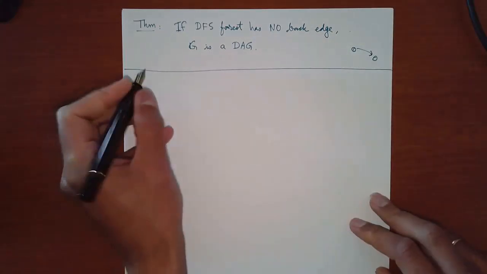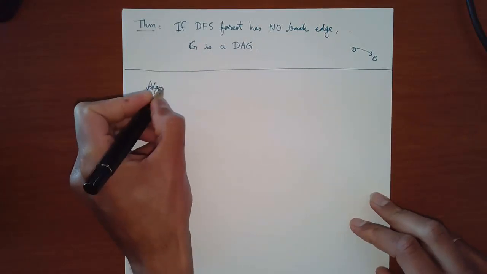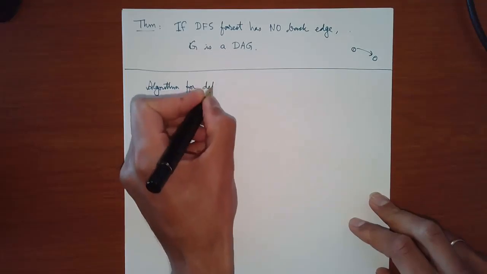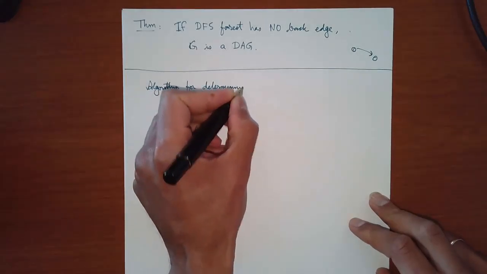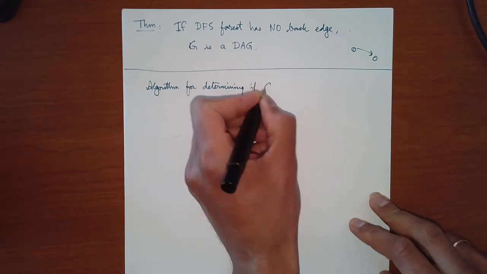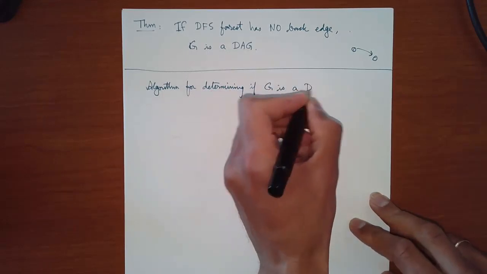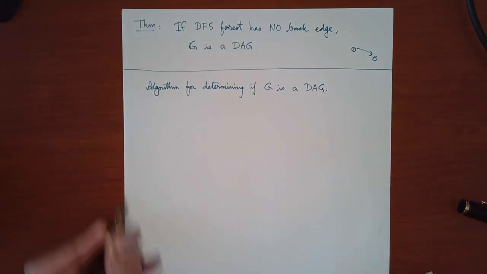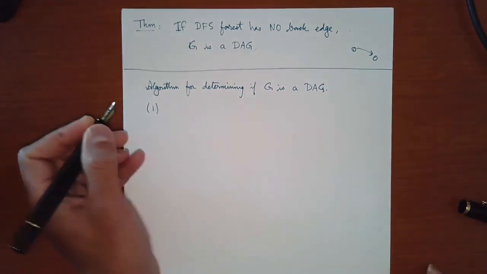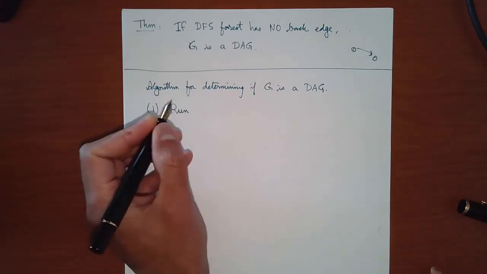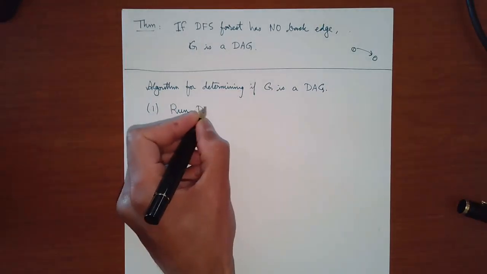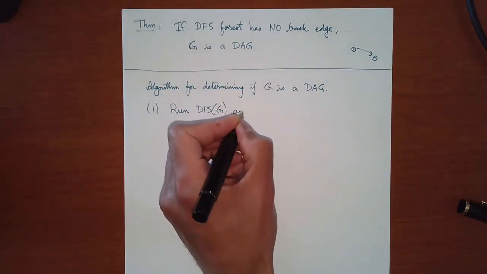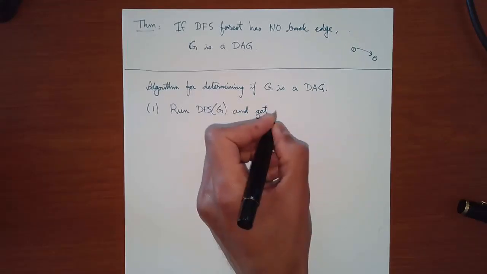So what is the algorithm for determining if G is a DAG? What you do is you run DFS of G and get the forest.